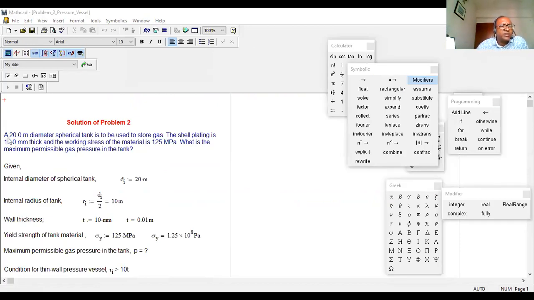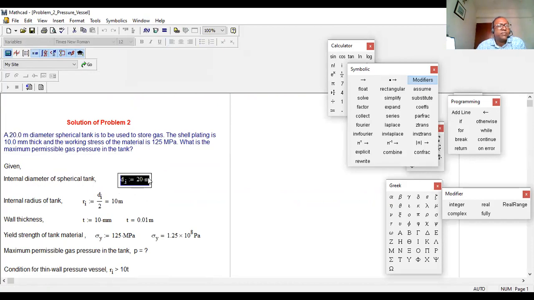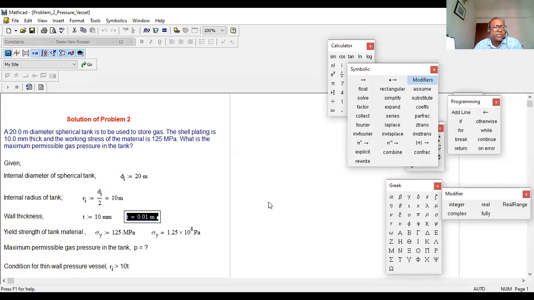Right over here is the question. 20 meter spherical tank diameter. So the internal diameter of the spherical tank, 20 meter, is given already. Then you figure out the internal radius Ri, di by 2, 10 meter. Thickness is given, 10 millimeter wall thickness, convert to meter.